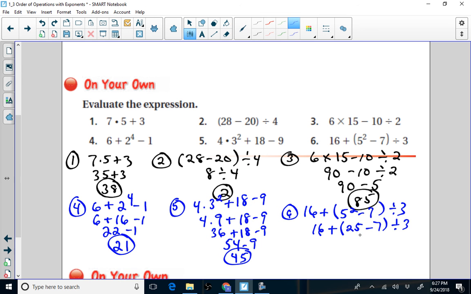Once I evaluate the exponent, I still have to finish my parentheses. 25 minus 7 is going to be what? 18. So that's 16 plus 18 divided by 3. Division has to be done before addition. So this is 16 plus 18 divided by 3 is 6. 16 plus 6, 22.